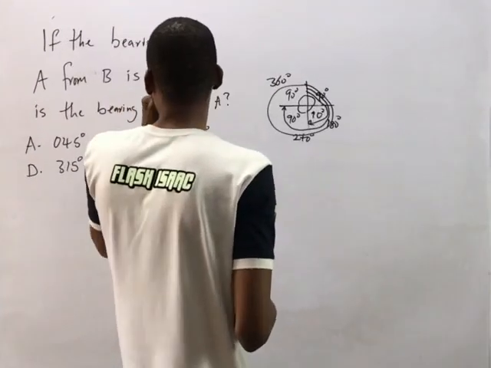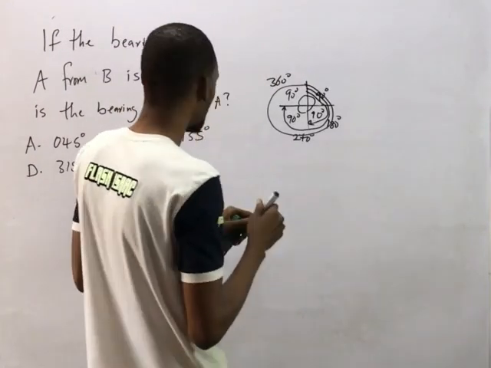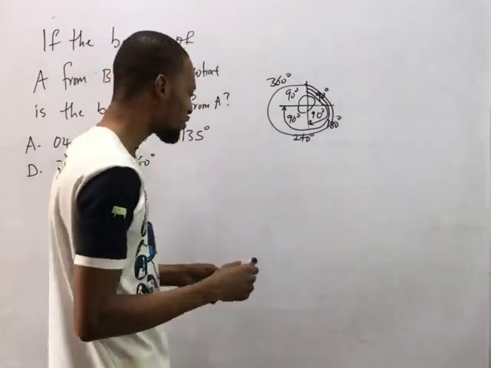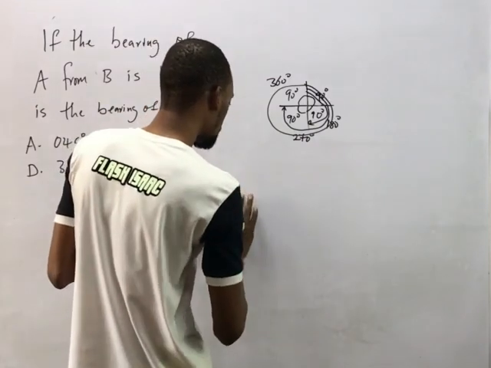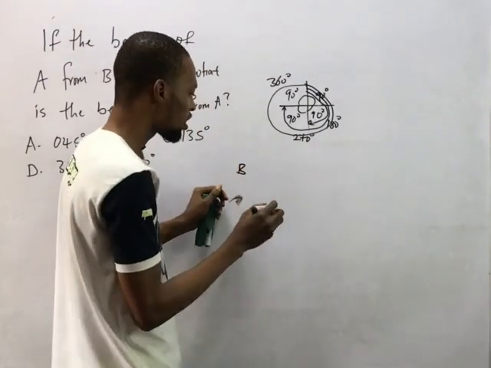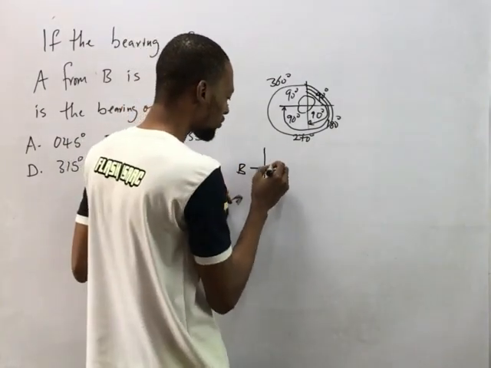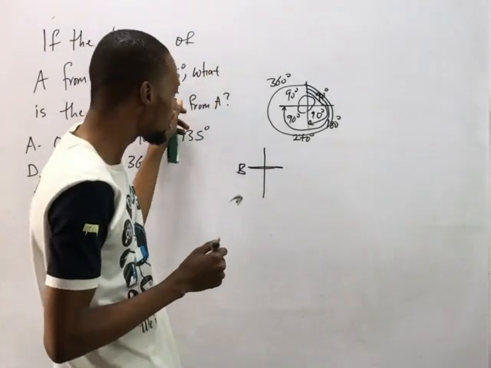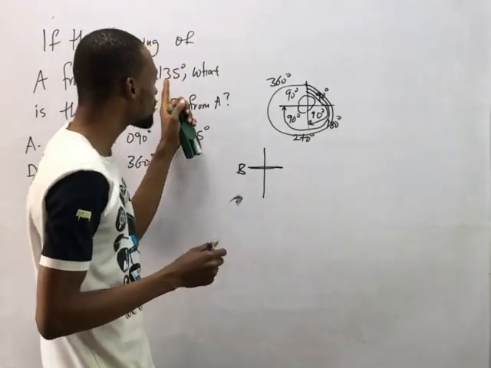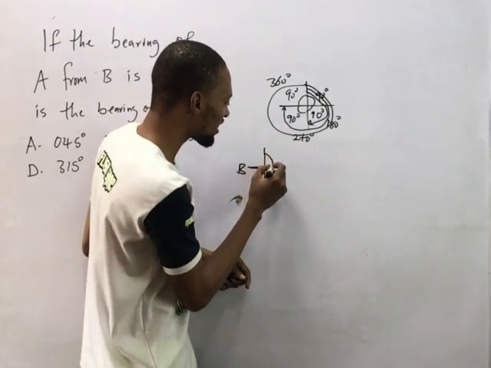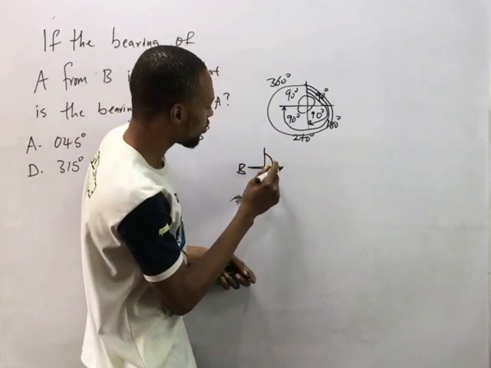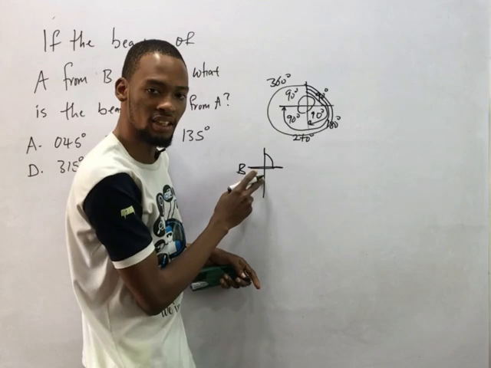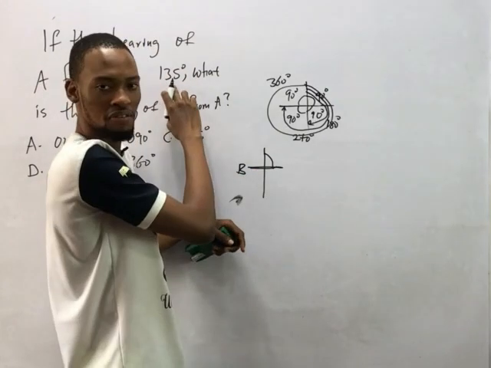The bearing of A from B. So that means we started from B. Let's say this is B, and you draw this here. So the angle of A from B is 135 degrees. So from here to here is 90. From here to here is 180. But it's not up to 180, it's 135 degrees.